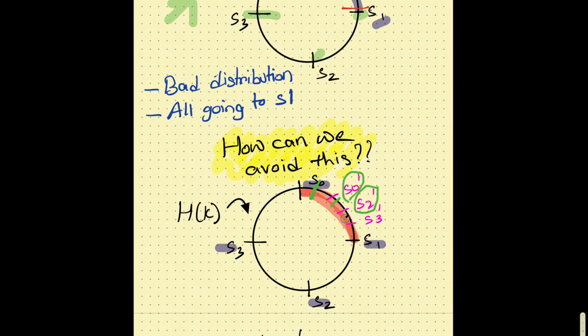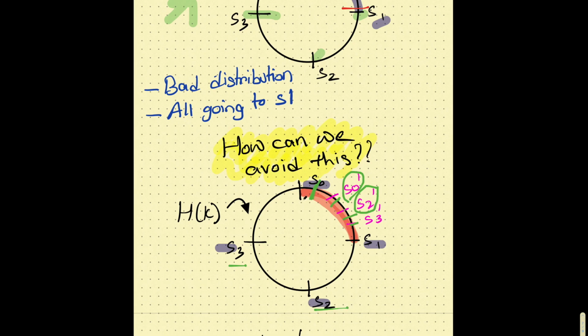Similarly, if a request comes in over here, we go clockwise and hit S3 prime, which means we put the data in S3. So by segmenting this part and giving it these fake replica servers, which are not physical machines, just logical units of the actual servers that we have.